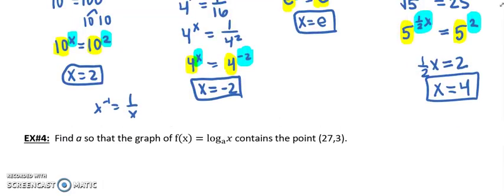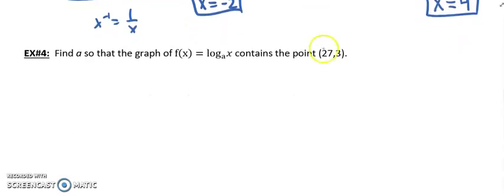So let's go down here to example 4. Find a so that the graph of f of x equals log base a of x contains the point 27, 3. Coordinates are always written x comma y, and we don't really use y nowadays, we use f of x. So I'm going to substitute 3 for f of x and 27 for x.